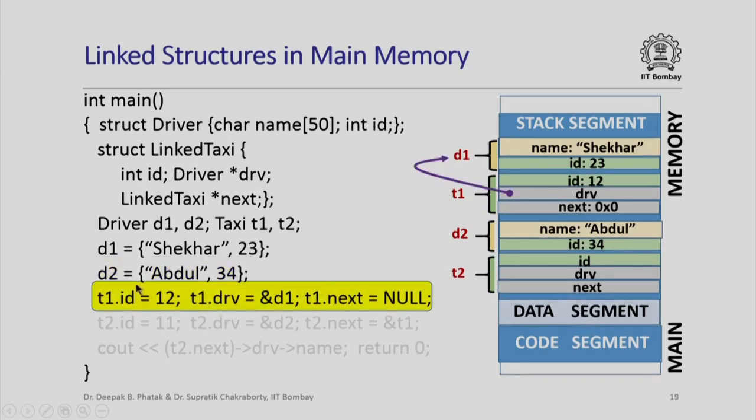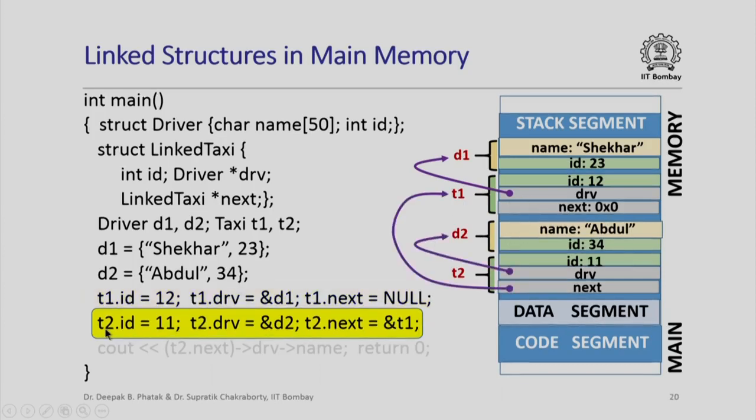Now suppose I execute this assignment statement. T1.id is assigned 12, so in the space allocated for member ID of the variable T1, 12 is copied. T1.drv is assigned the address of D1, so T1.drv is now going to point to D1, and T1.next is null. Null is of course the 0 pointer, so in the space allocated for next in the variable T1, the all 0 value is stored.